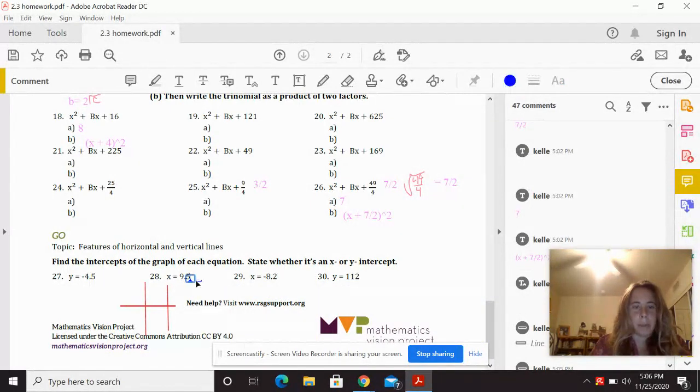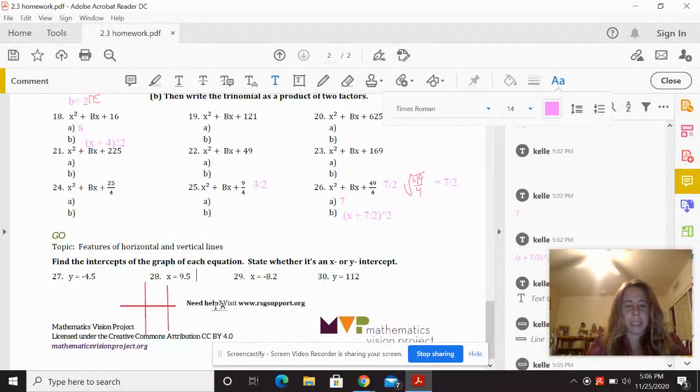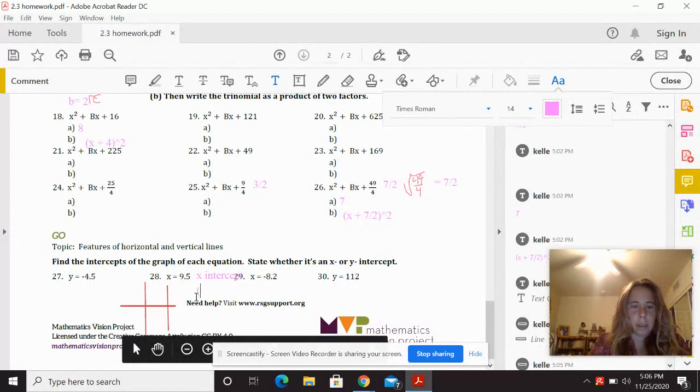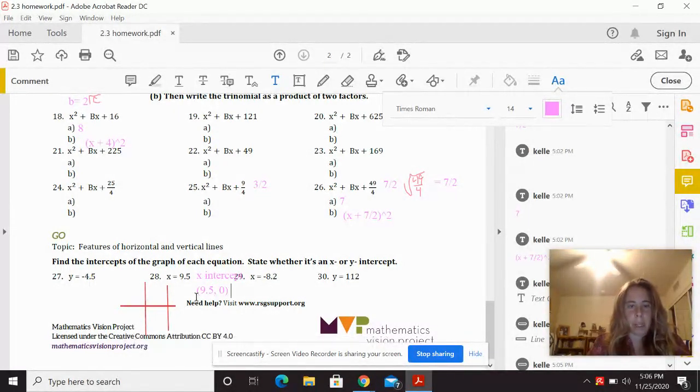You guys are so patient with me. Or maybe you just fast forward through all my tech problems. All right. This is an x-intercept. And then you have to find the intercept. Well, that intercept would be x equals 9.5 and y equals 0.